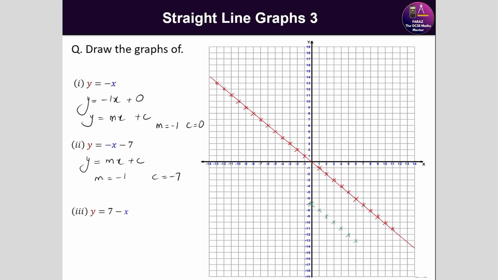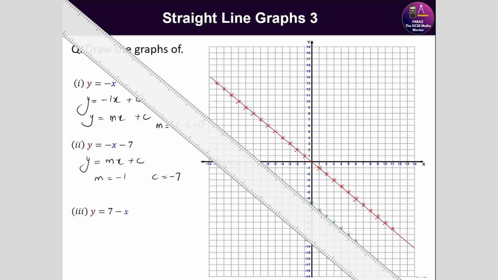Now you can easily plot the line with the help of these coordinates. So with the help of a ruler, we can plot the line here. So this line is y equals negative x negative 7.